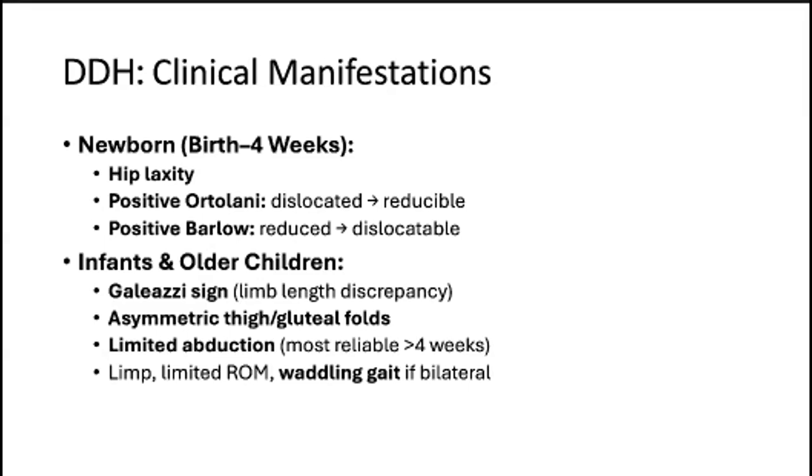Limited hip abduction, so decreased abduction on the affected side, is more reliable in an older infant. Functional changes, we might see limping in our walking children, limited range of motion, or waddling gait if bilateral. Other findings, asymmetric hip height, asymmetric shoulder height, muscle prominence on convex side.